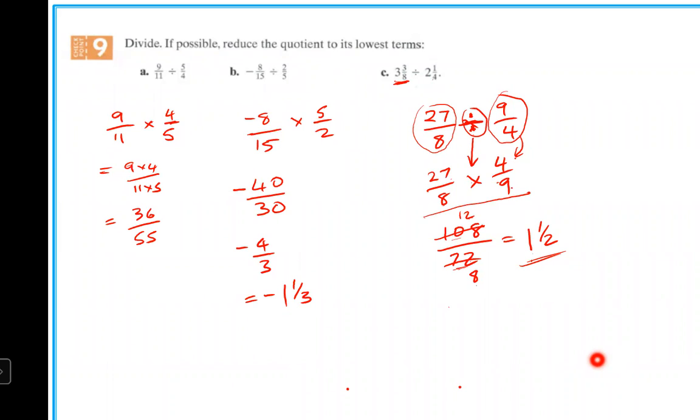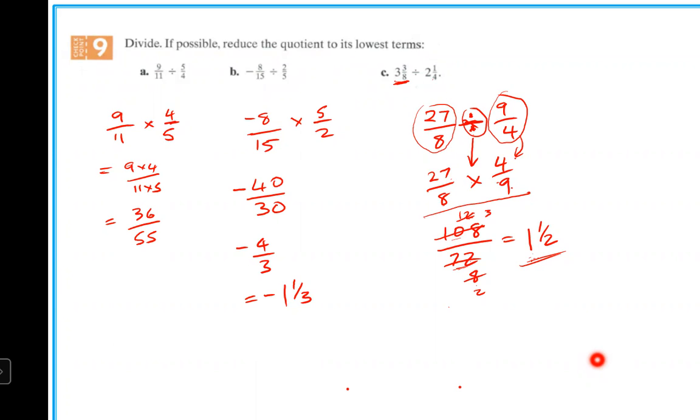You could have used another number if you wanted to. You could have used, say, 4. 4 into 12 is 3, and 4 into 8 is 2. So that's equal to 3 over 2, which reduces to 1.5. I have a question. Yes, go ahead. What I did was put it into its lowest terms before multiplying.